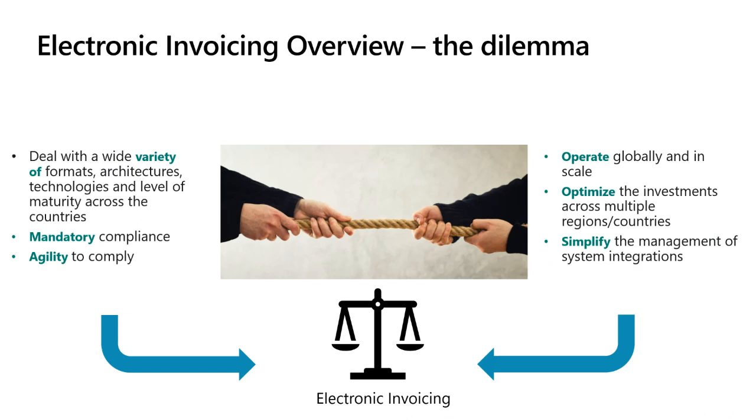So this is a mandatory compliance. Not complying is sometimes not an option, and of course they need agility to comply. From time to time, governments update the legislation and modify certain aspects of the electronic invoice, and the company needs to have the necessary agility to comply with those changes.